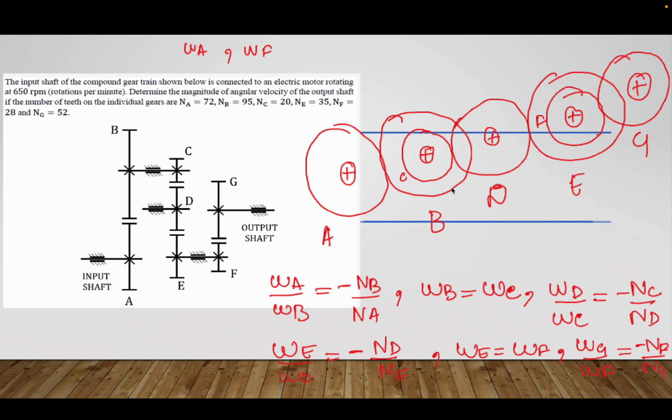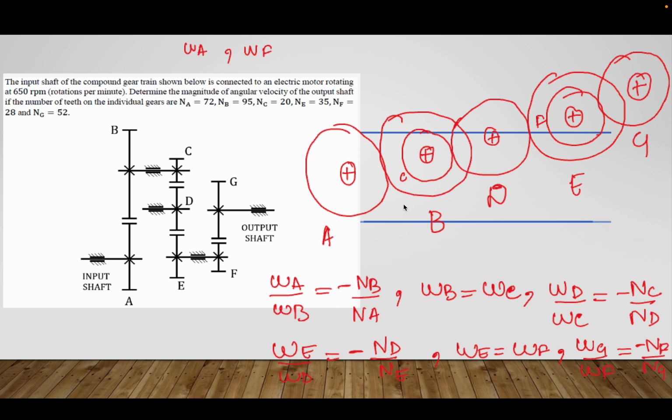Now I'll just explain this representation. So you can see that this is an input shaft and this is a gear. So this is gear A. Now gear A and gear B are connected, and gear B has a different shaft, right?